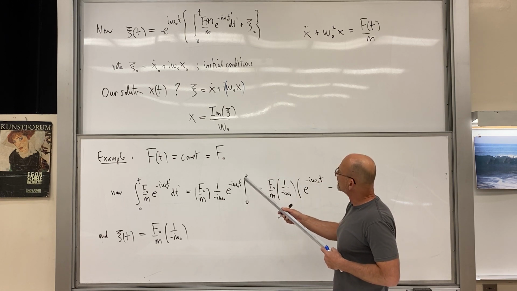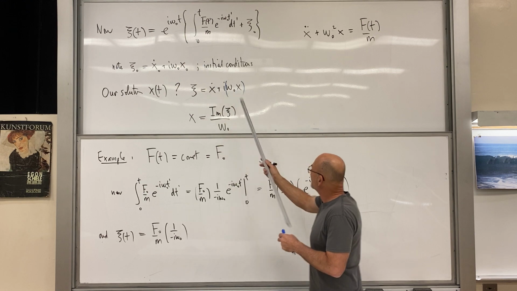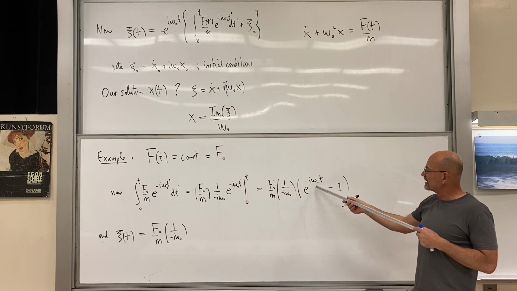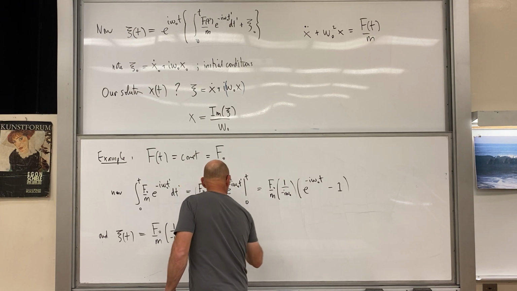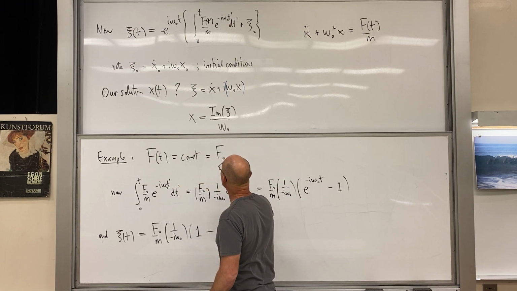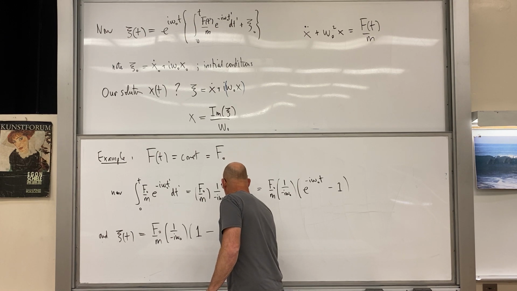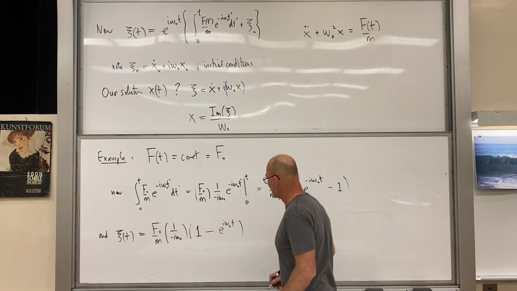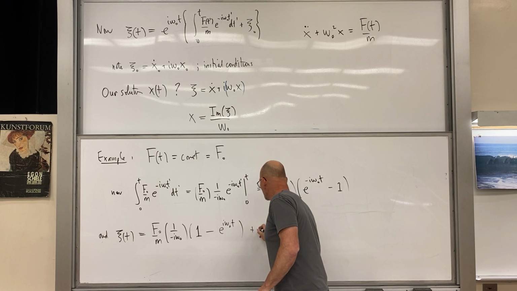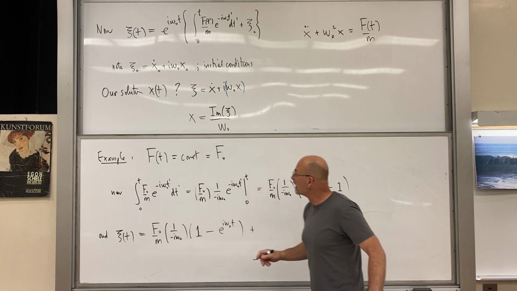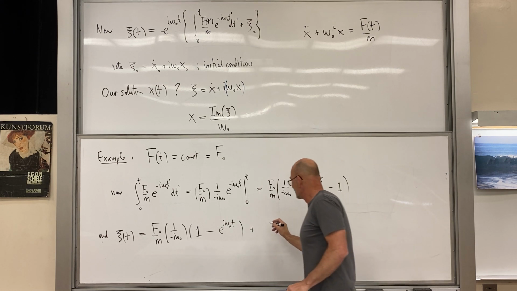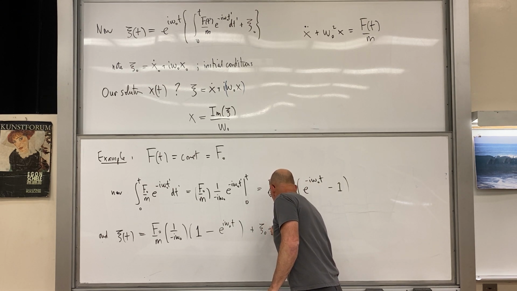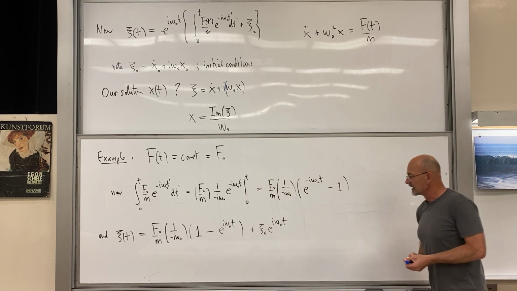And then you'll notice e to the i, e to the minus i omega naught t gives us a 1 minus e to the i omega naught t. Now I still have that unspecified initial condition plus c sub 0 e to the i omega naught t as well.